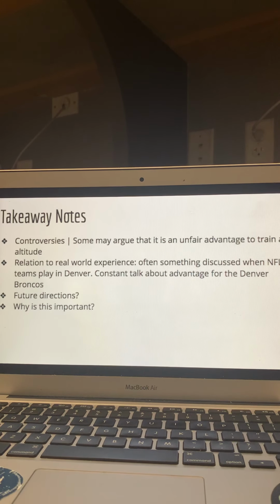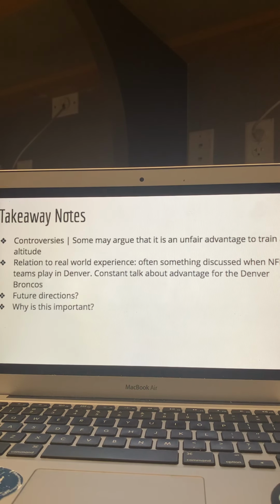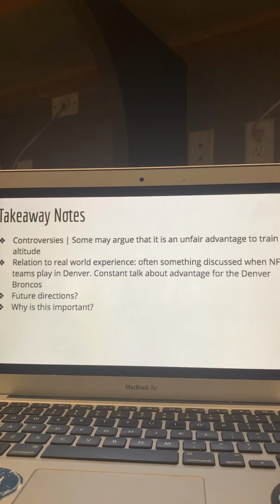I would also like to focus direction towards understanding the lasting effects after the training. It was included in the optimal window, but how long does it actually benefit in the long run? Must one have to reacclimate to altitude, and what are the effects of that?